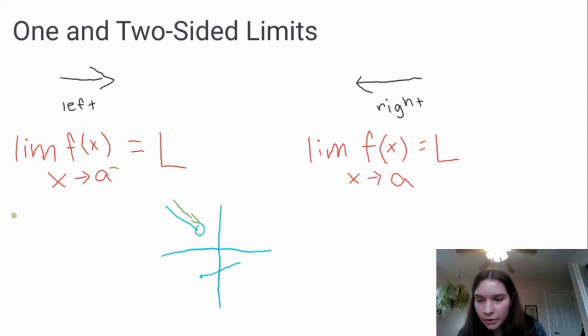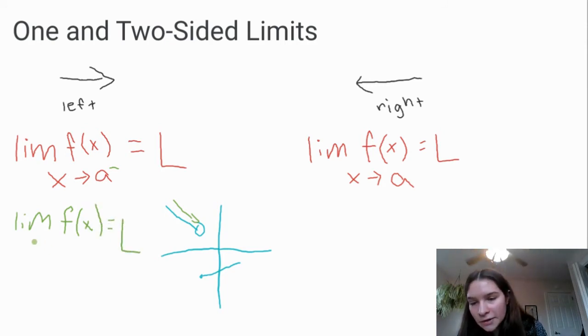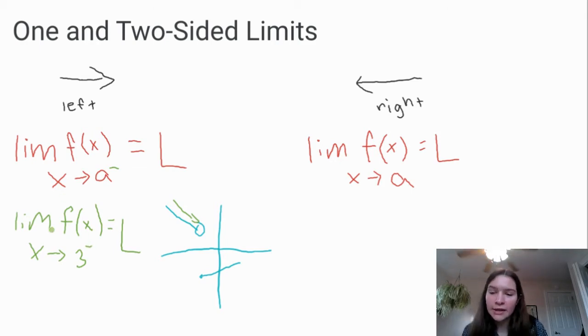So for example, I'll write one out, and let's say the x value that we're approaching is 3. Then you would write 3 from the left. And you would read that as the limit of f of x as x approaches 3 from the left equals the limit.